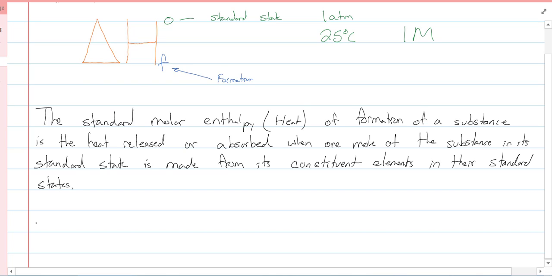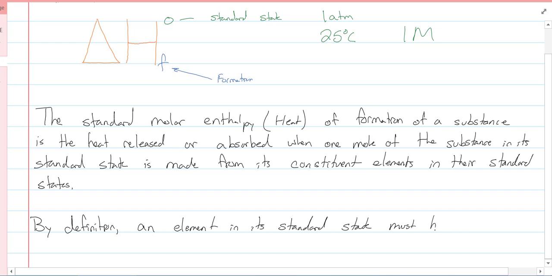Now, by definition, an element in its standard state must have a standard molar enthalpy equal to 0.